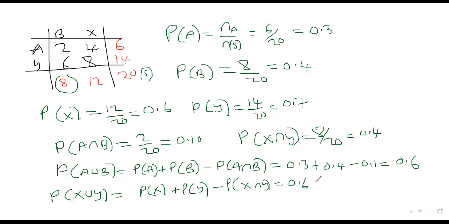Y, 0.7, intersection 0.4. And what is the final answer? 0.9. Right. So far, I'm happy with you.